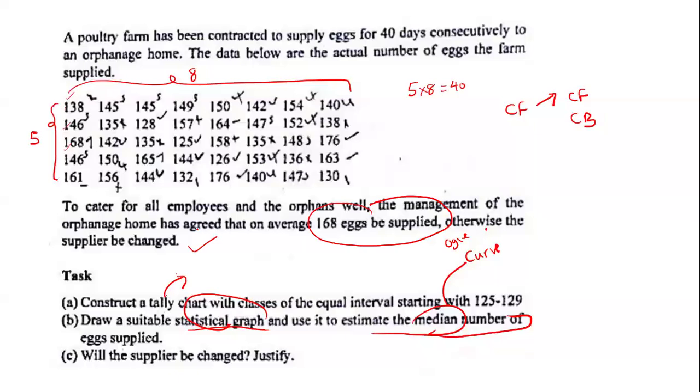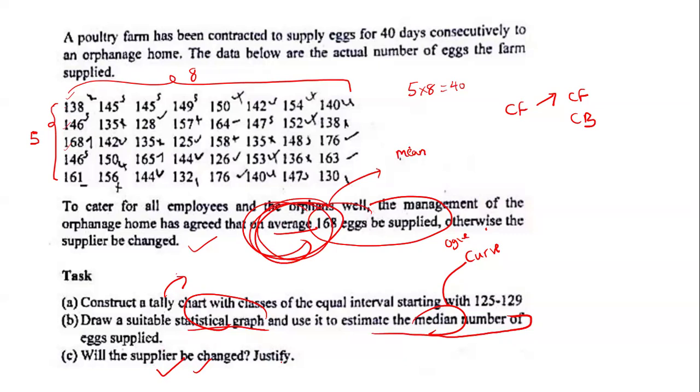Now, when you look at this question, they have indirectly told you to calculate something. Because here at the end, will the supplier be changed? For the supplier to be changed, you look at the average number of eggs. When you see the word average, here we are going to compare with our mean.